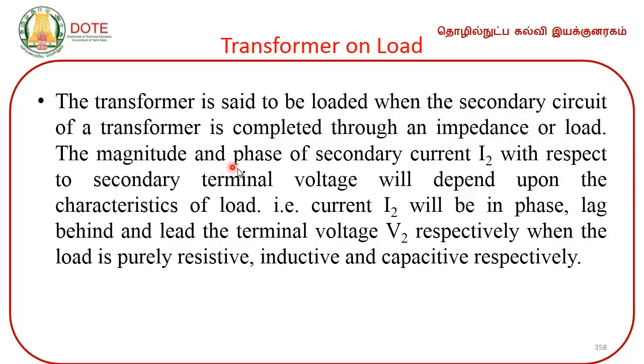The magnitude and phase of secondary current I2 with respect to the secondary terminal voltage will depend upon the characteristics of load. That is, the current I2 is the secondary current. Current I2 will be in phase, lag behind or lead the terminal voltage V2 when the load is purely resistive, inductive or capacitive respectively.